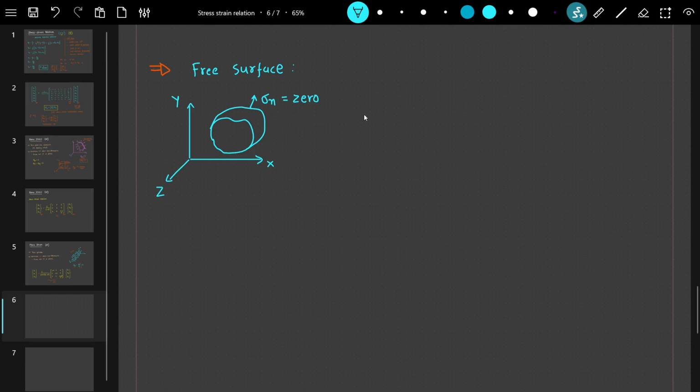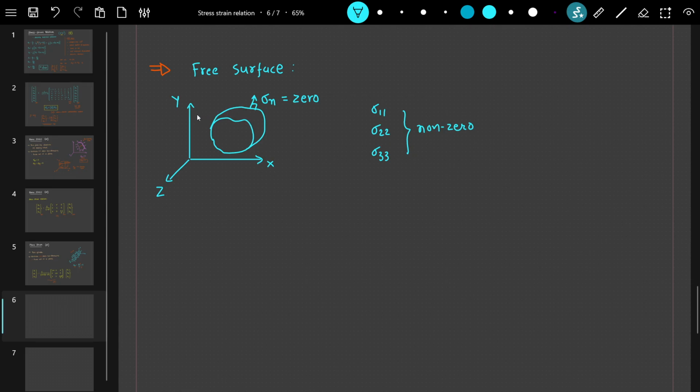Now note that in FEA you will see sigma 11, sigma 22, and sigma 33, all non-zero in your 3D FEA structure. Just remember that I have said the stress which is normal to the surface is 0. But that surface can be oriented in any direction.